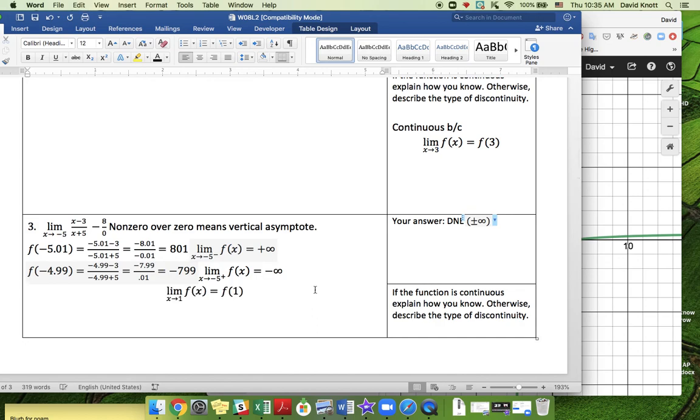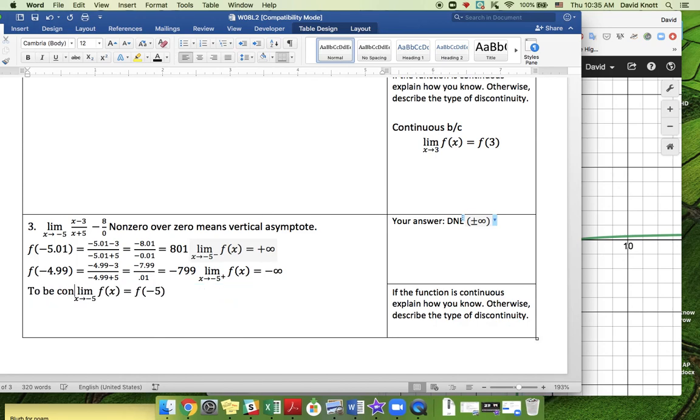The continuity equation, let's remember, for this would be, let's see, so to be continuous at -5 would mean this equation is true, right? Well, neither side of this equation is defined, right?